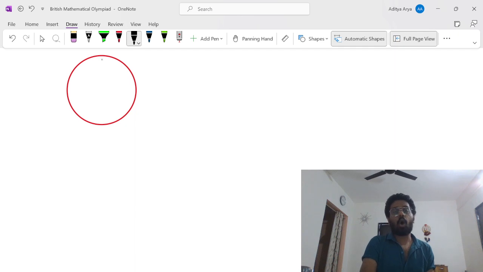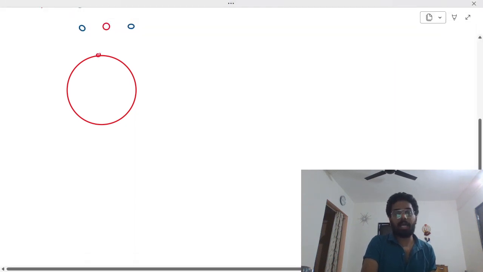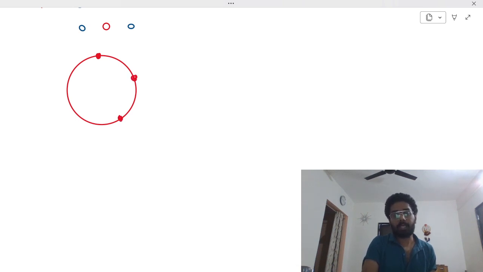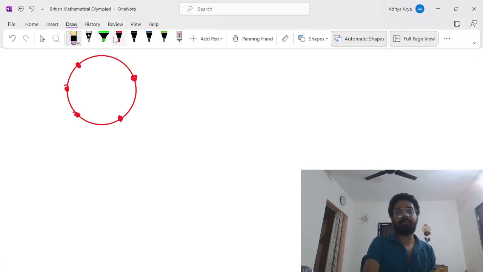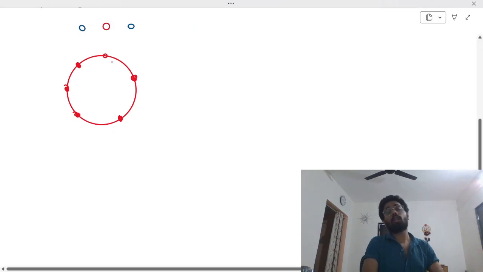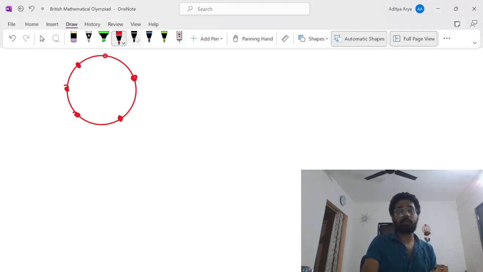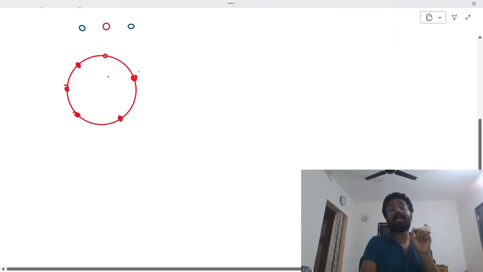If I have all red dots, we can have one, two, three, four, five, and let's say six. Though I have not drawn them evenly, I guess it doesn't matter. What matters is that we have to count the number of faults. If two red dots are adjacent, it is a fault.